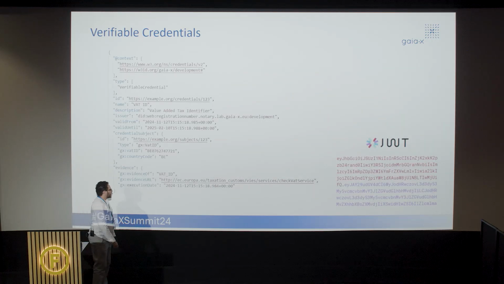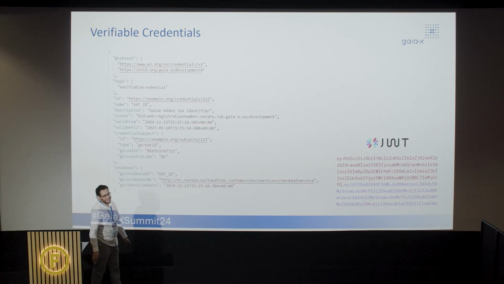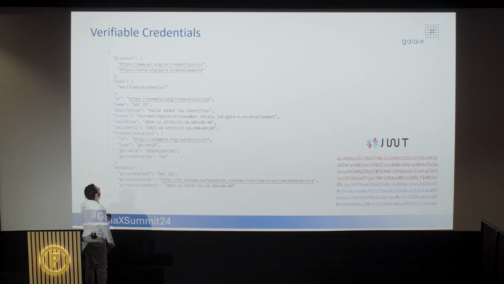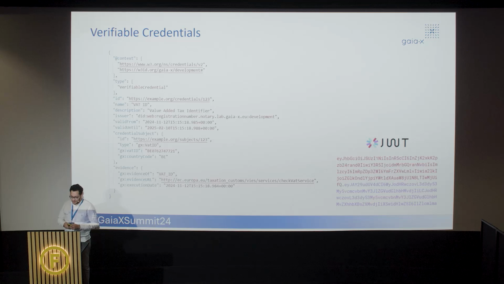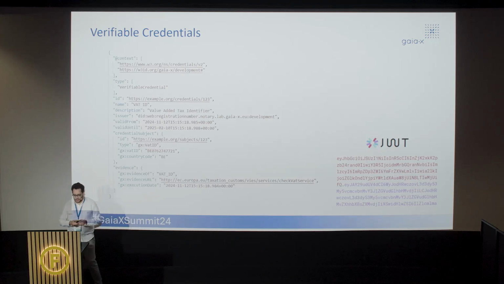Here is another example, another JSON. I'm so sorry for people who don't like JSON, it's going to be everywhere in this presentation. Here we have a verifiable credential on the VAT, like the legal registration number of a company with the VAT ID that you saw in Vincent's presentation yesterday.